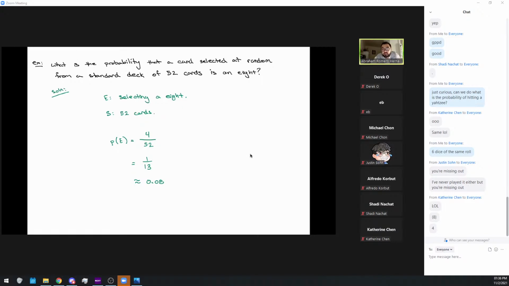Okay. I'm curious about this one. Let's see if we can do it. Yahtzee. So it's 6 dice of the same row. So give me an example of winning.